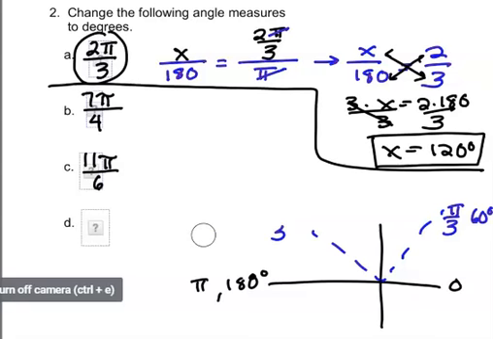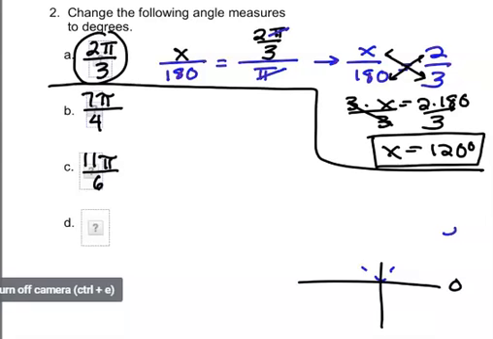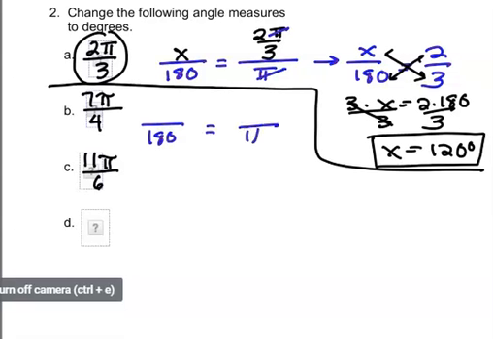Okay, let's just do one more of those. We'll do the 7 pi over 4 because it's the same process. So we'll put 180 and pi. I guess I'll make that into, we'll do 7 pi over 4. We'll put x here. And again, pi over pi is going to cross off.